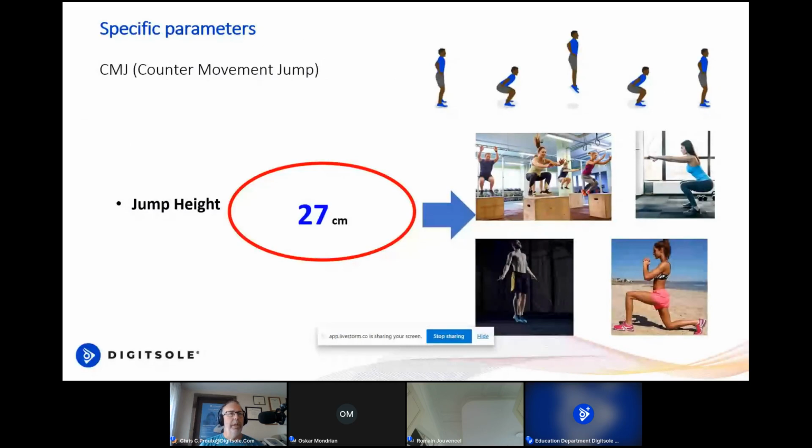So we do get the basic parameters, which is going to be jump height. Jump height is their displacement, and it can be measured through center of mass, which is our typical calculation that we use when we have technology. So we use it as a marker.